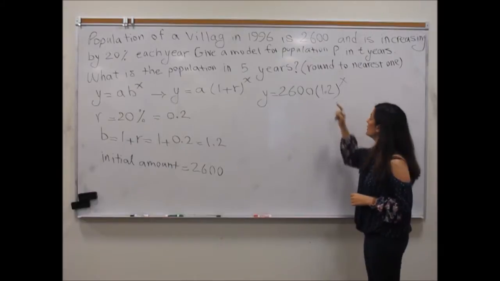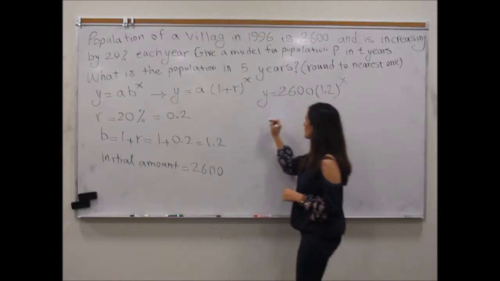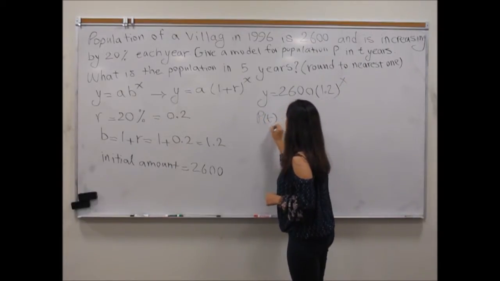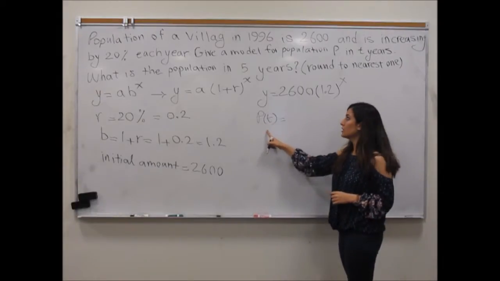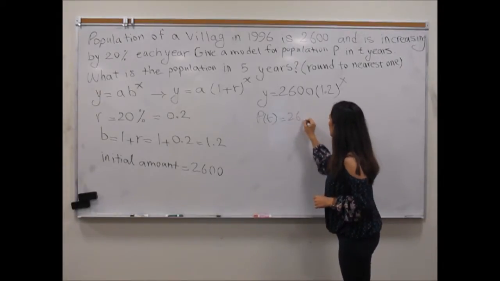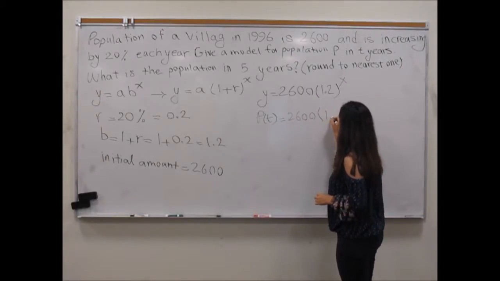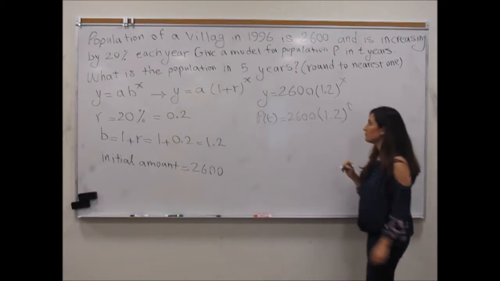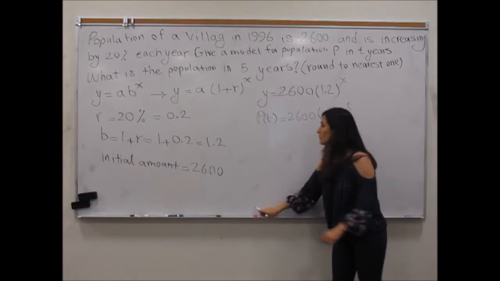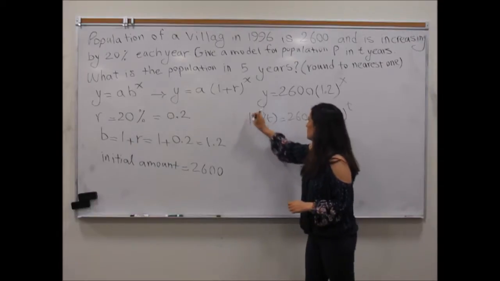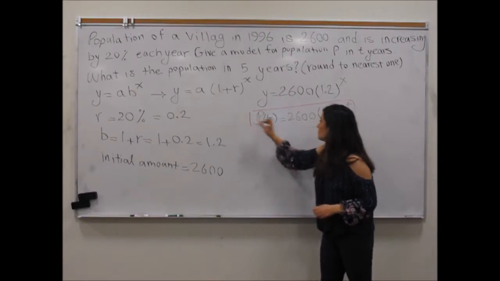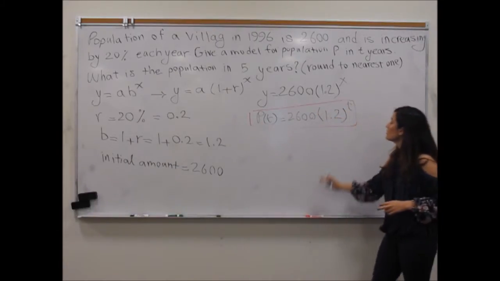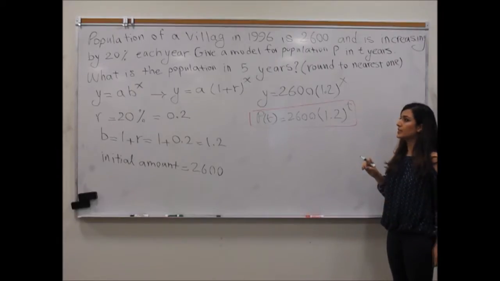And then to write it in P for P and T, population after T years is going to be 2,600 times 1.2 to the T. So this is the model for this situation, for this question.